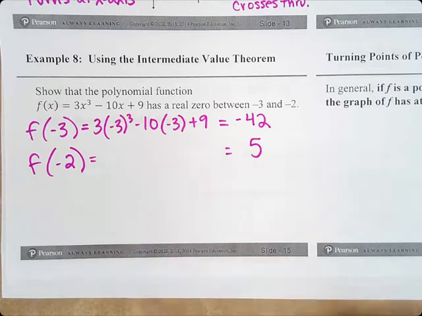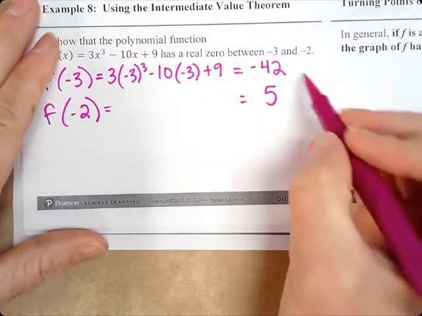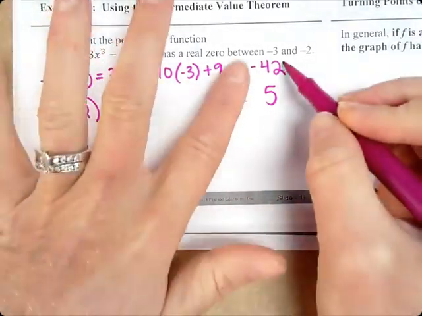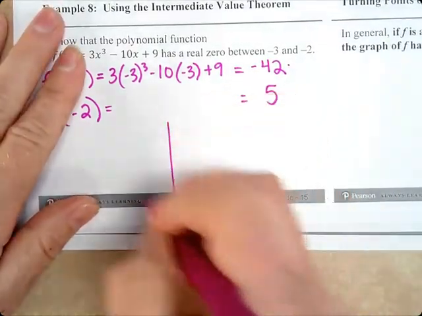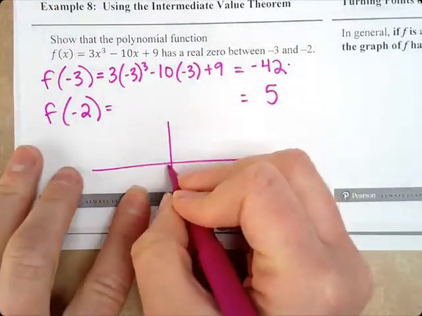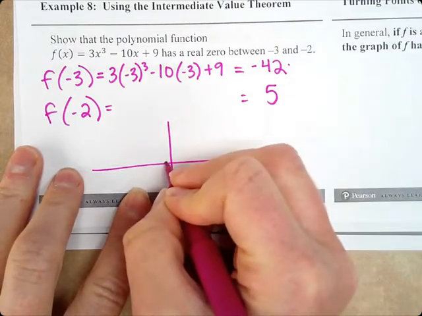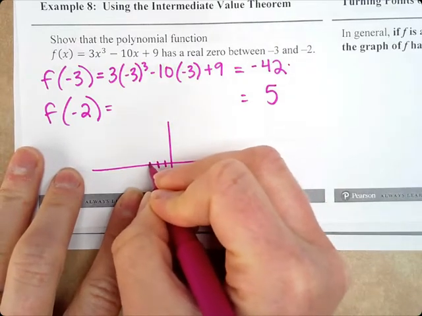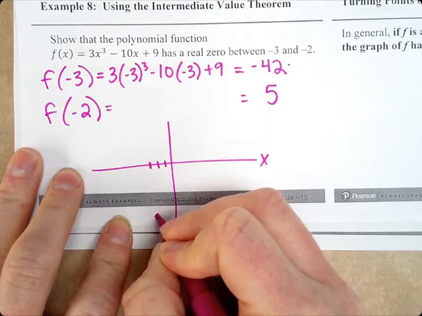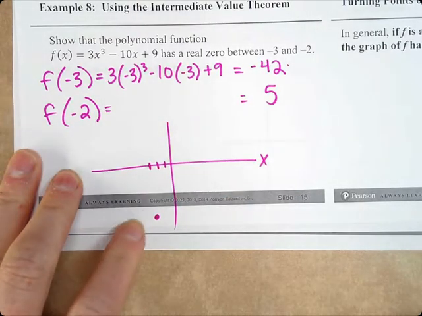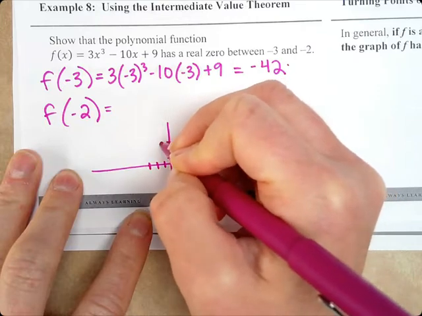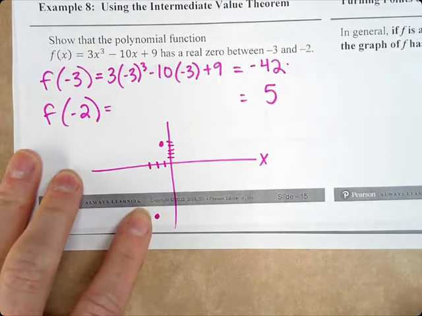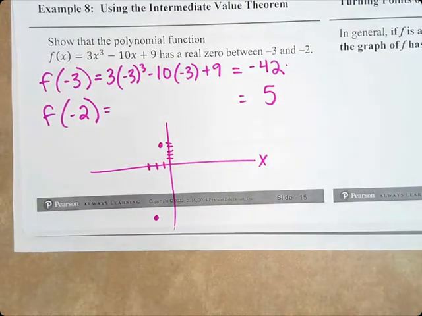So that means that it changes signs, and so it's going to go through our x-axis. So think about in a graph, if I'm at -3 right here, and it goes down to -42, it's right here. But then at -2, it goes up to 5. So that means that there is a real root between -3 and -2.